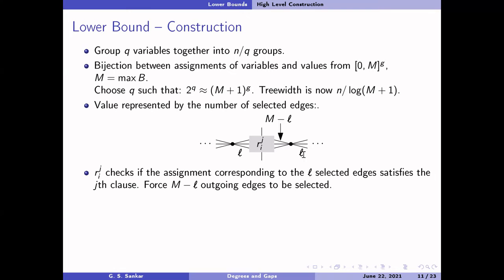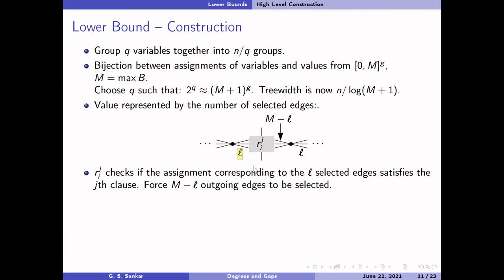That forces that L edges are chosen here and so on and so forth. Apart from this, it'll also take the state, which is the number of edges that are chosen in the solution, and verify whether this state satisfies the corresponding clause of that column.